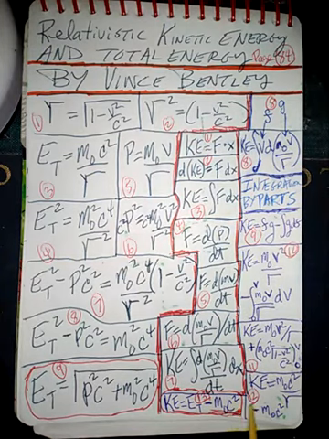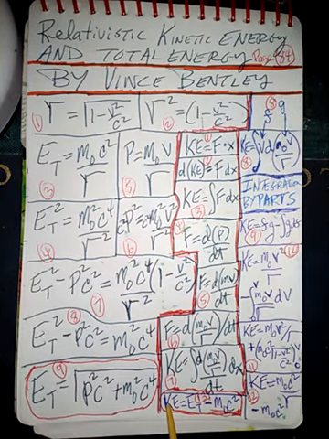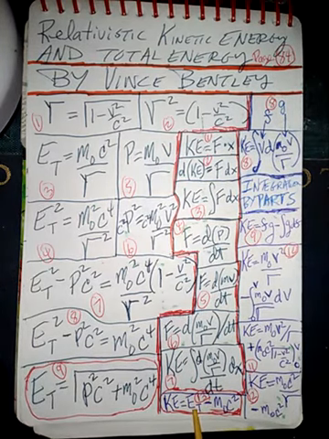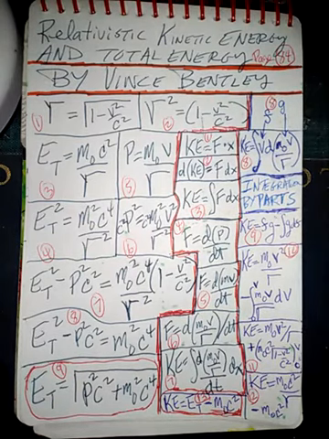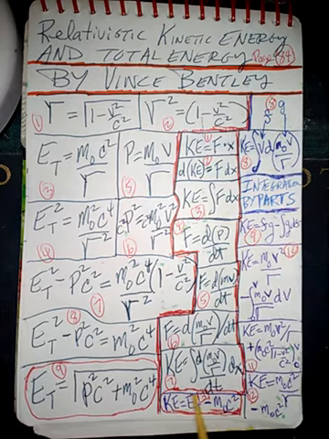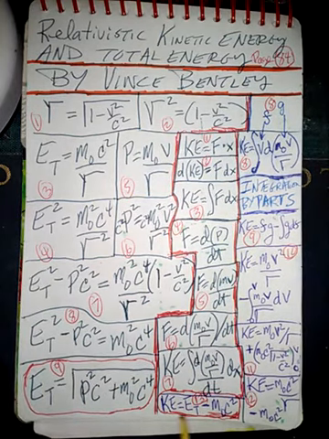Okay, and then this can be rewritten, if we simplify, as kinetic energy is equal to E total minus m sub 0 c squared. So this is our kinetic energy formula, and this is our total energy formula.